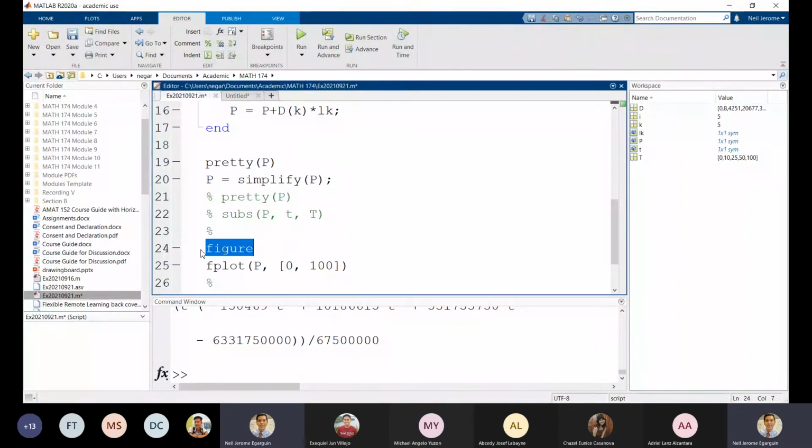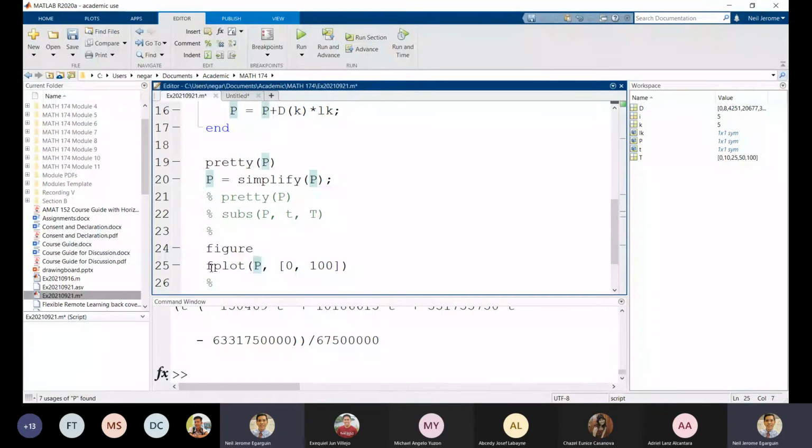So the command for plotting a symbolic function is fplot, and then parentheses. The arguments are as follows. Una, ano yung symbolic variable na gusto nyong ipa-plot? So here, we have computed P. Gusto ko ipa-plot yung symbolic polynomial P, which, remember, is our Lagrange interpolating polynomial.